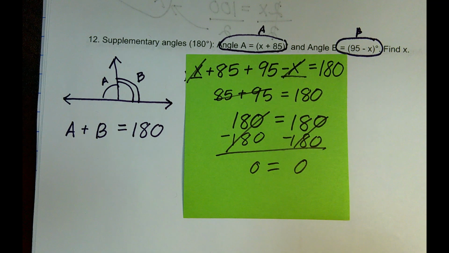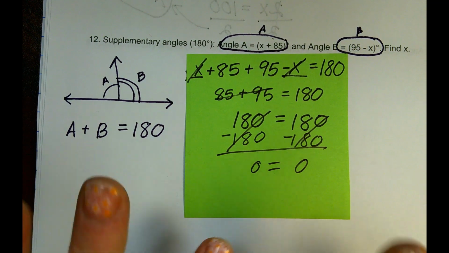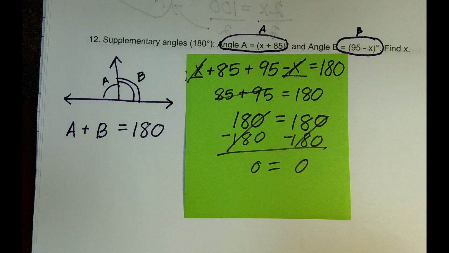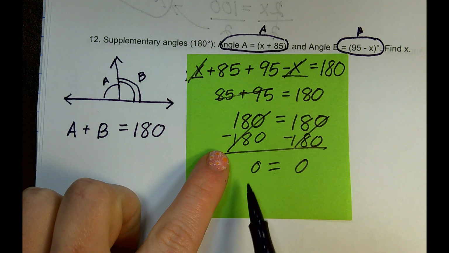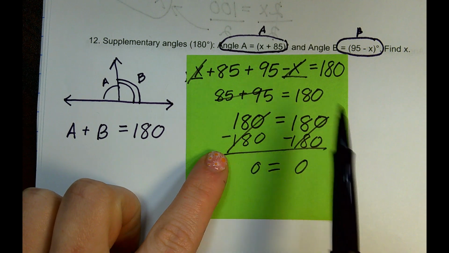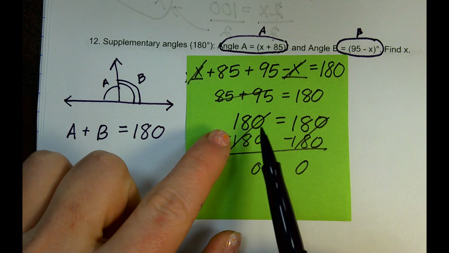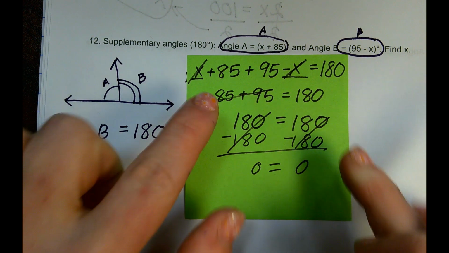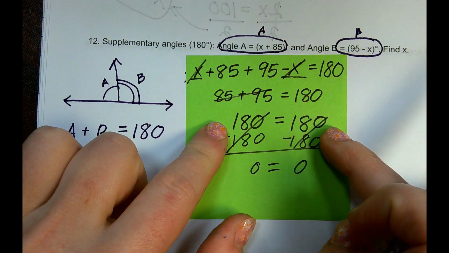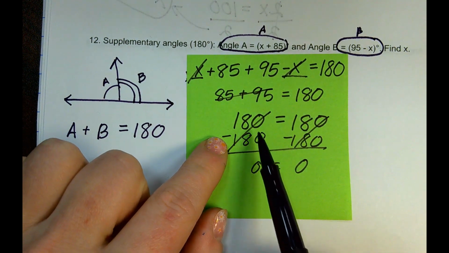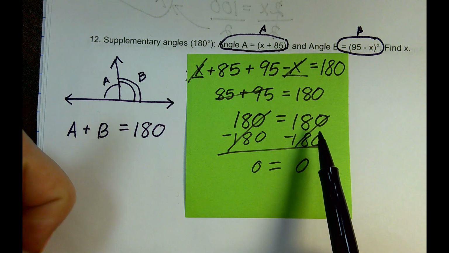180 equals 180. If you ever get a problem like this where X disappears or the numbers are canceling each other out and you're getting 0 equals 0 or 180 equals 180, as long as you end up with a statement that is true, like 180 equals 180, is that true?